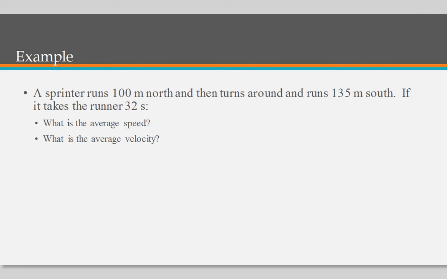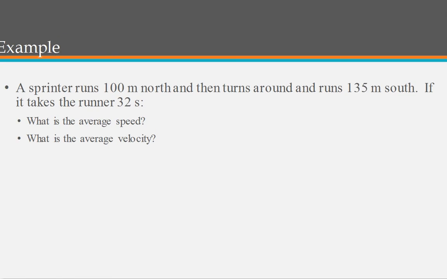Okay, let's take a look. A sprinter runs the 100-meter. This person is traveling north, then turns around and runs 135 meters south. Okay? All right. If it takes the runner 32 seconds, find average speed and average velocity.